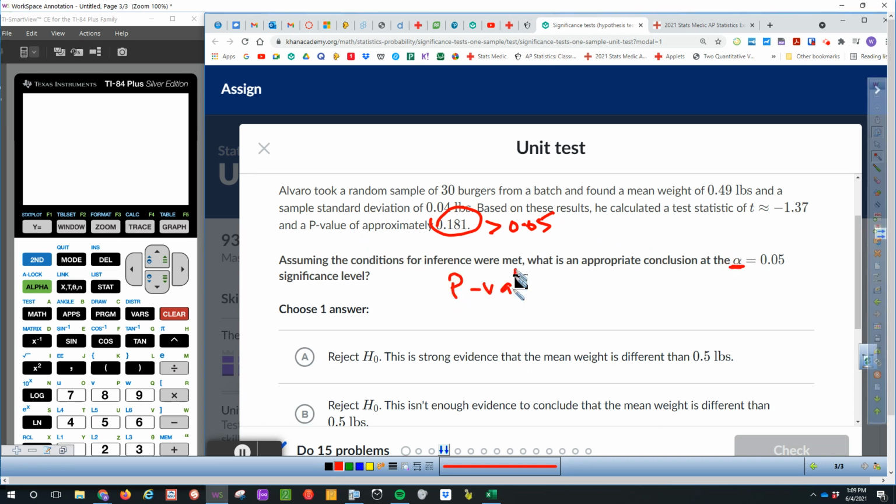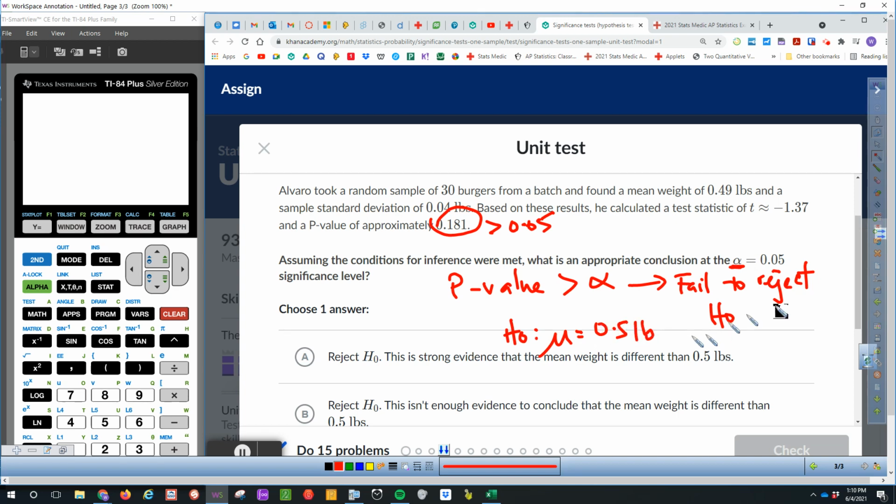The p-value is in fact greater than alpha. Therefore, we fail to reject H naught. And H naught is mu equals 0.5 pounds.